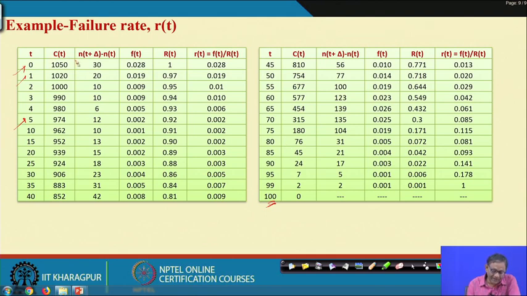At the beginning, the number of units put under operation was 1050, and then slowly as age or time increases, the units start failing, and at 1 unit of time the number surviving is 1020, and this we have discussed earlier in this manner. Then the number of units failed between t equal to 0 and t equal to 1 is 30, the number of units failed between 1 and 2 is 20, like this.